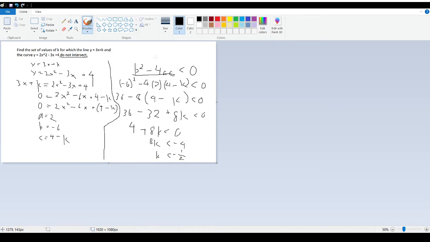If it has only one real root, then it will be equal to 0. And finally, if it has no real root at all, then it will be less than 0, just like that.